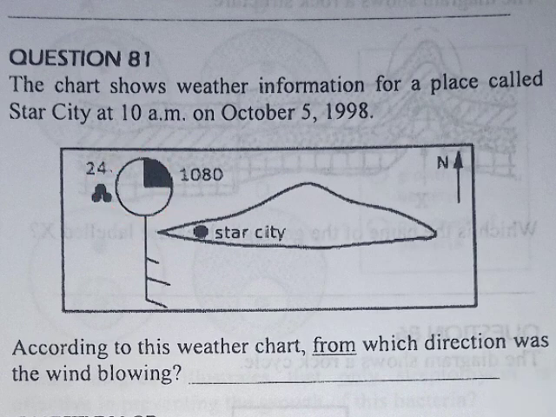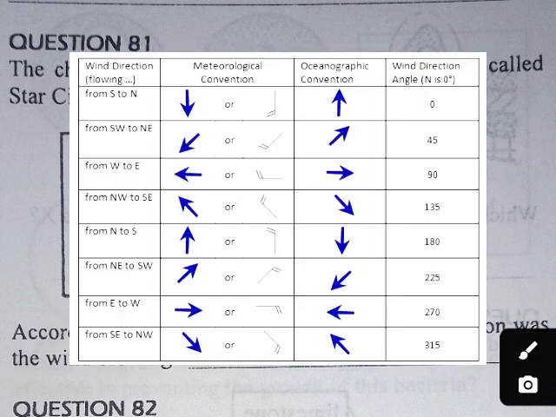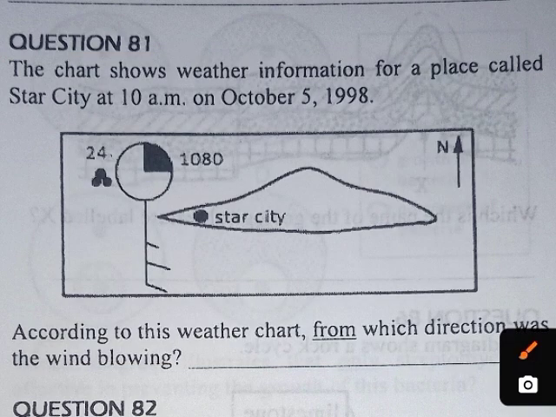The next one is the line that is given here. This line here that is pointing down represents the direction from which the wind is blowing. And at the tip of the line, we have three lines attached to it.